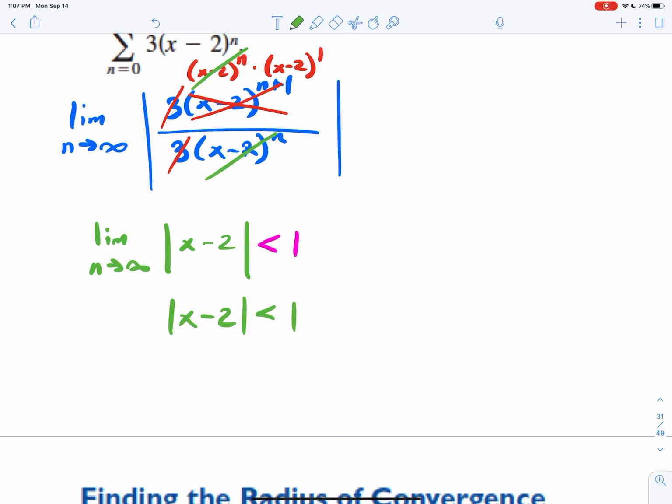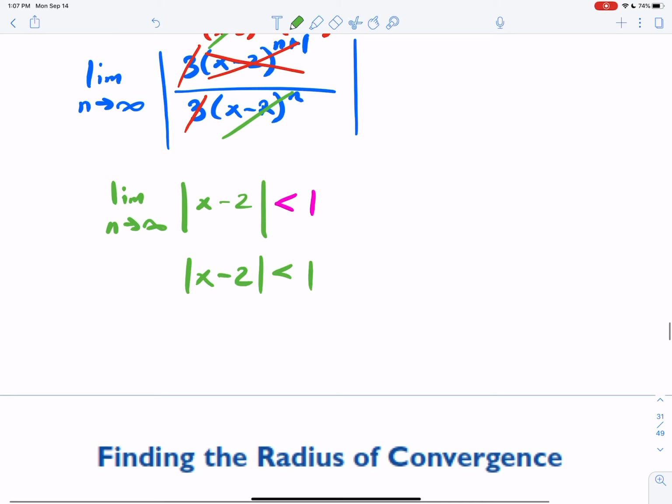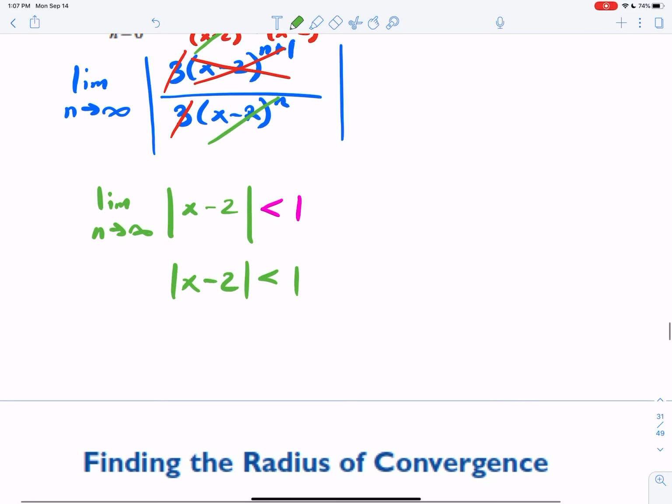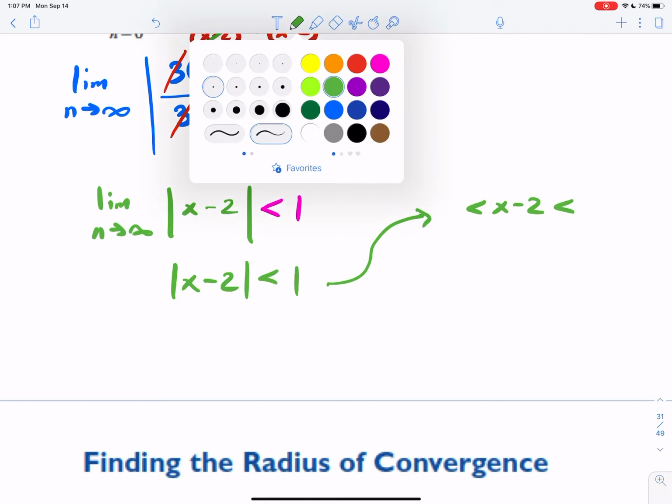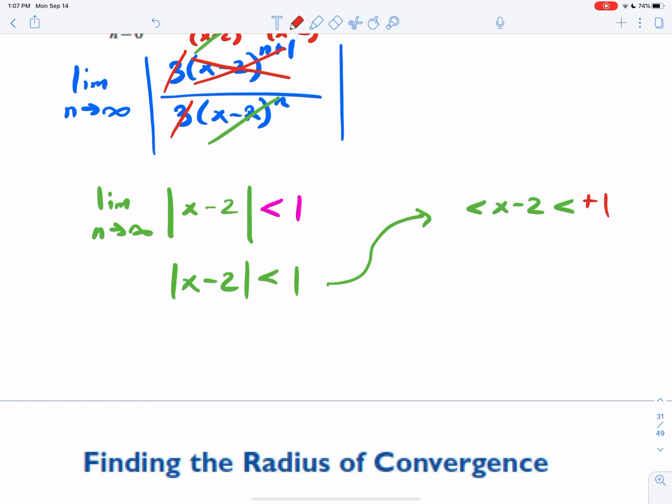A little bit of an algebra review here. When you have an absolute value that's a less-than inequality, what you can do is create a compound inequality. You go from here to here. You create a compound where the right side is positive 1 and the left side is negative 1.